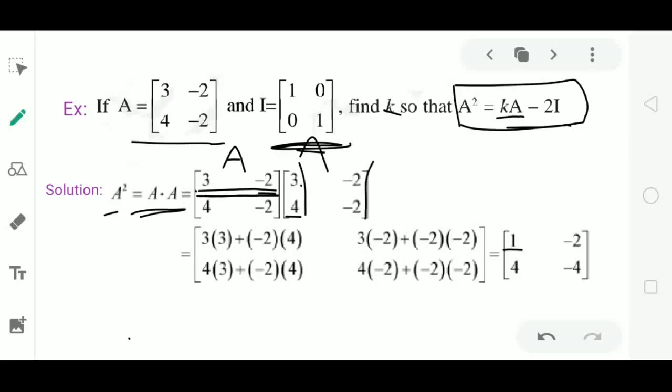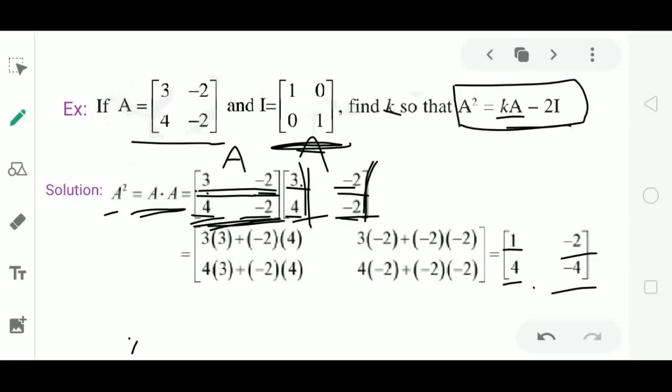First row, second column, 3 into minus 2 plus minus 2 into minus 2 is minus 2. Second row first column, 4 into 3 plus minus 2 into 4 is 4. Second row second column, 4 into minus 2 plus minus 2 into minus 2 is minus 4. So this is A square.